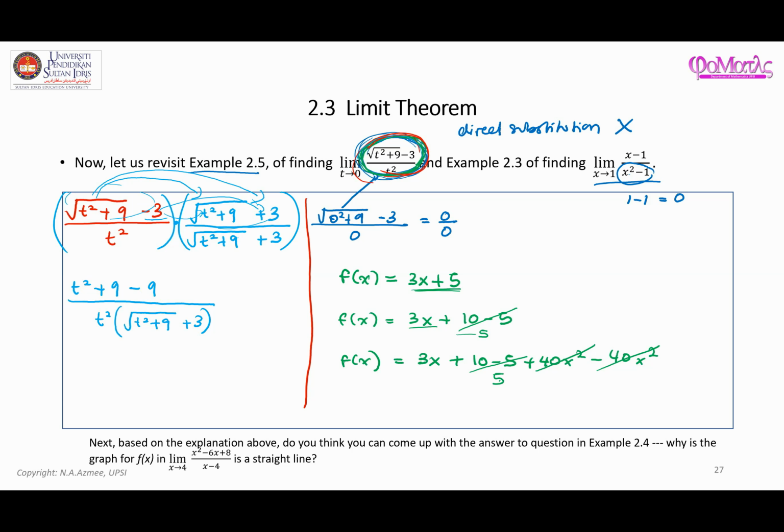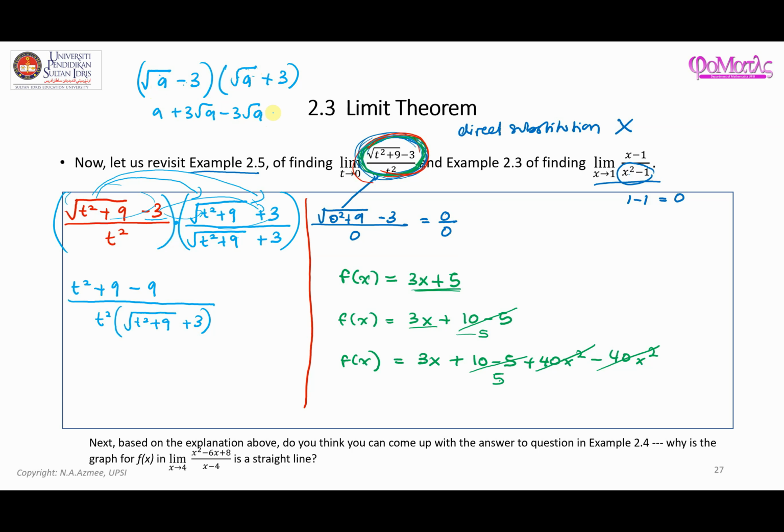If you're not sure what's going on, imagine we have square root a minus 3 times square root a plus 3. Square root a times square root a gets rid of the square root sign, so you will have a. Square root a times positive 3 gives positive 3 square root a. Negative 3 times square root a gives negative 3 square root a.